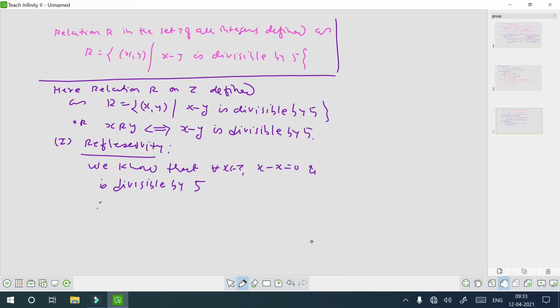Clear? And therefore (x, x) belongs to R for all x belongs to Z, which means R is reflexive.